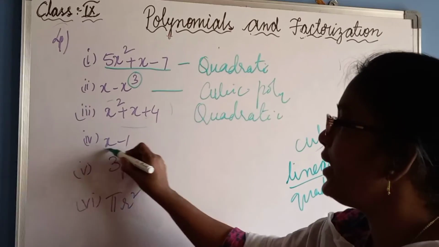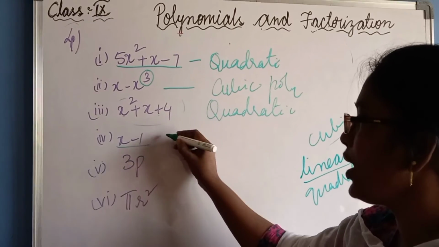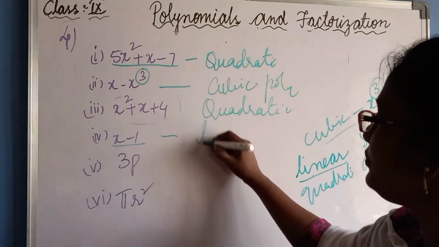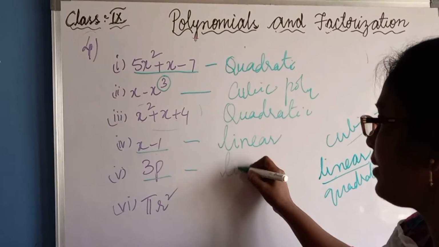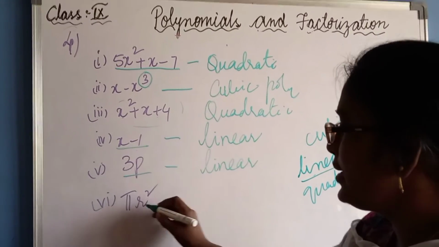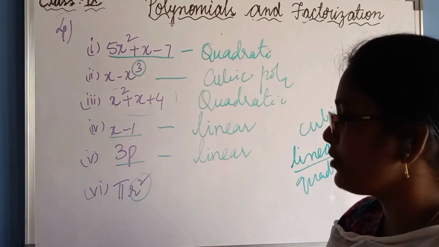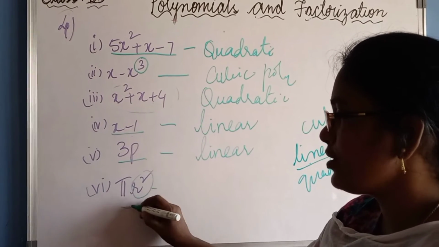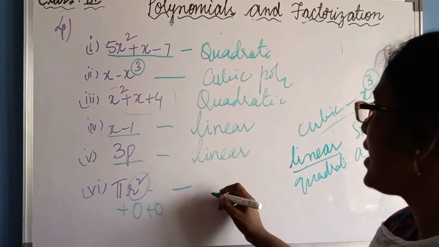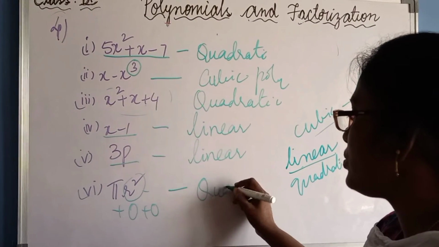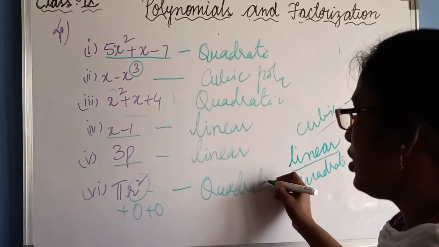Now this is single, x minus 1, so linear. And again this is single, linear polynomial. And this is in the form of ax square. So we can assume that bx plus c are zeros, and we can write it as a quadratic polynomial.